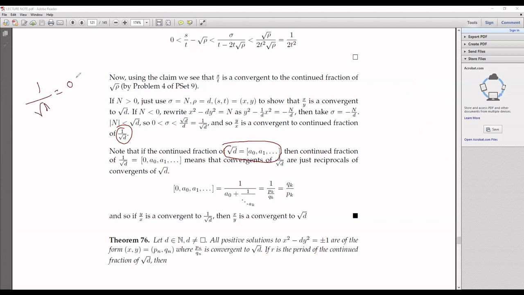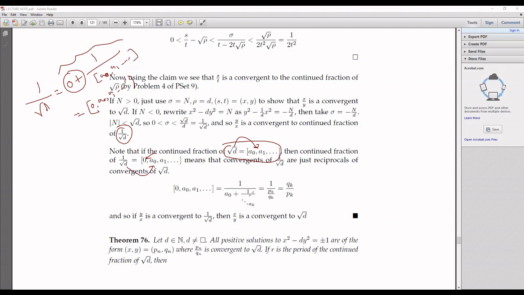It is just 0 plus 1 by root d, which can be expressed as a0, a1, etc. It starts from a0, right? But there is just one extra term at the beginning. So that is why this can be written as 0, a0, a1, etc. So if root d has this expansion, 1 by root d will just have an extra 0 at the beginning, right? You can see why this is true.